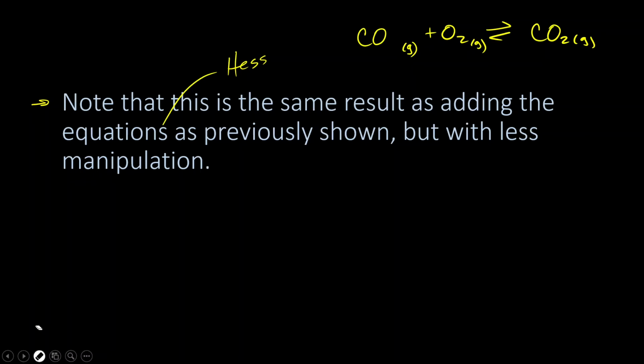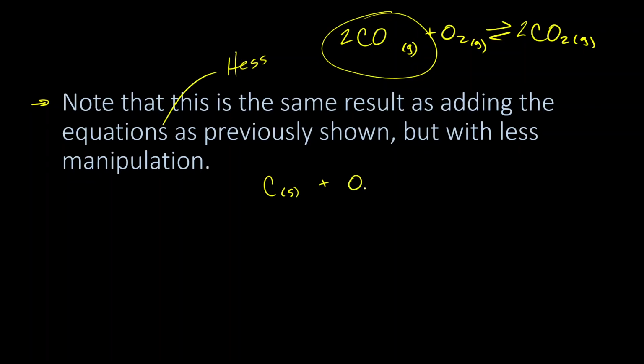All right, so here's our reaction, and we have balanced it. We could have used this and Hess's law by creating formation reactions for each entity. So I could have said carbon plus oxygen gas makes carbon monoxide.